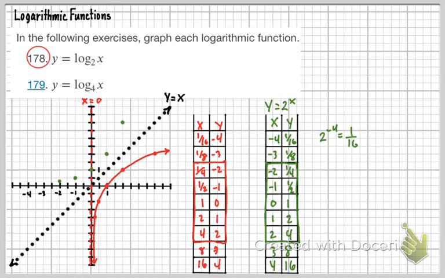So now when I graph this line, oops, let me do it a little better than that. The precision will be nice here if I can be somewhat precise. And this means I would have this horizontal asymptote.